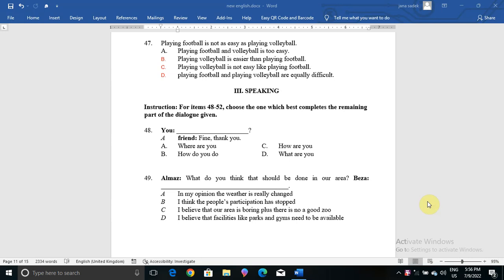So D, it can be. Why? Because it says, what are you? What are you? Are you asking about I am a girl or I am a boy? So what are you is not the correct answer. How are you? The answer for this question will be fine, thank you. So the correct question for question number 48 is C.